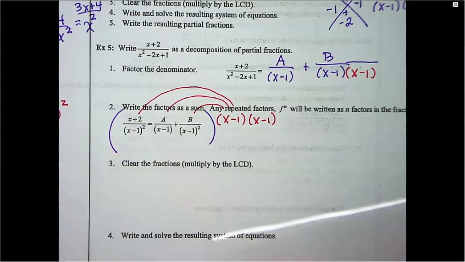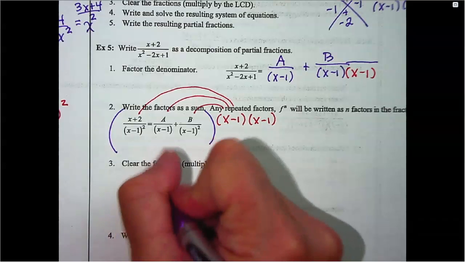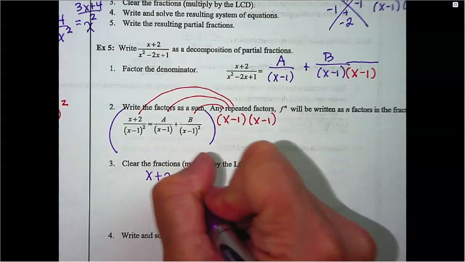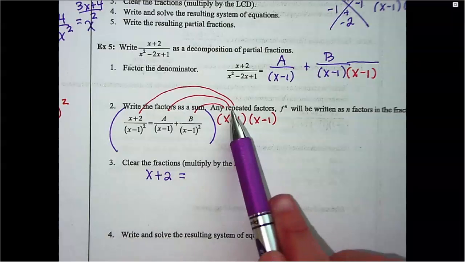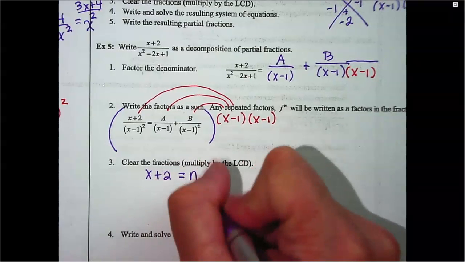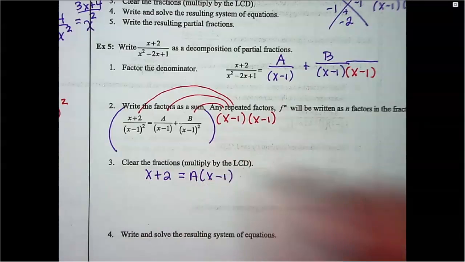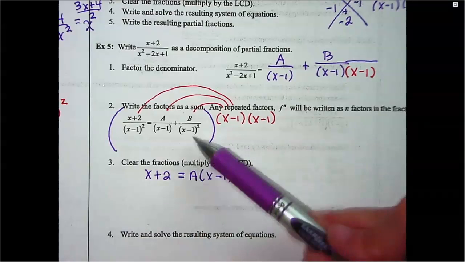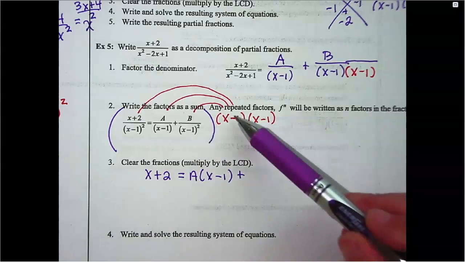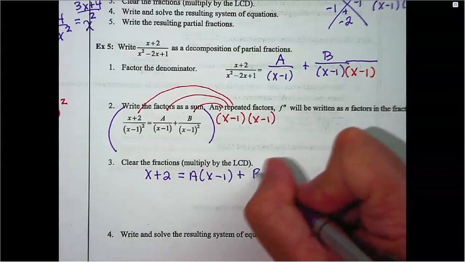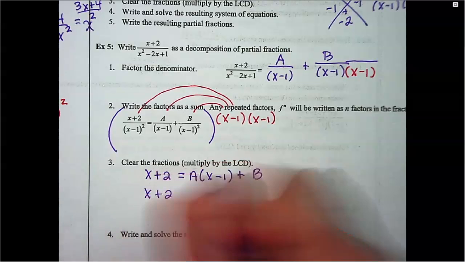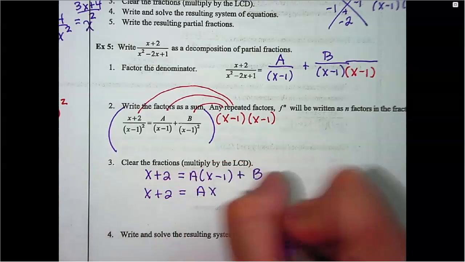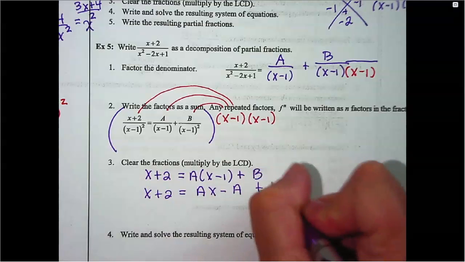This is going to cancel, leaving me just x plus 2 equals, and then the x minus 1 cancels with one of them, leaving me a times x minus 1 plus, and then x minus 1, there's 2 of them, it cancels with both of them, leaving me just b. Okay, let's distribute the a. Here we go. x plus 2 equals ax subtract a plus b.